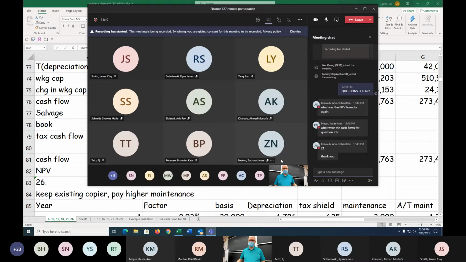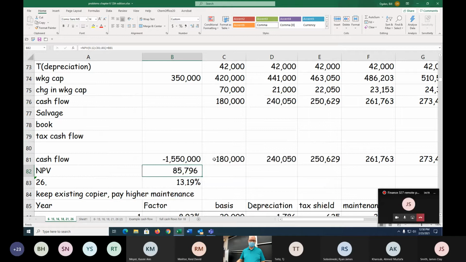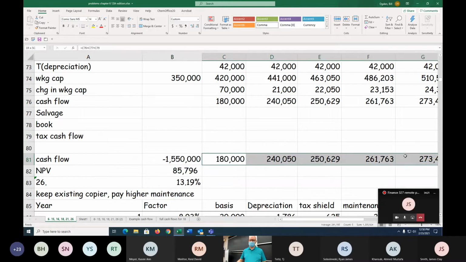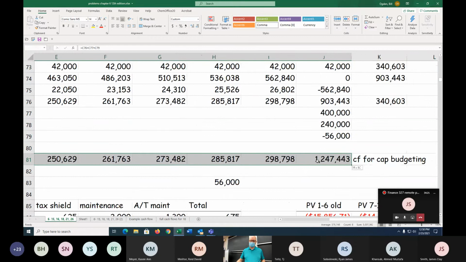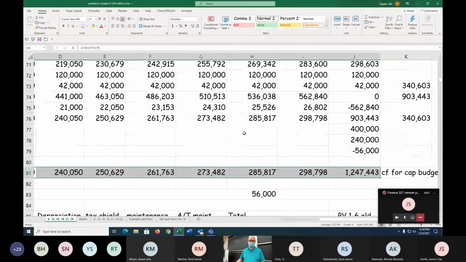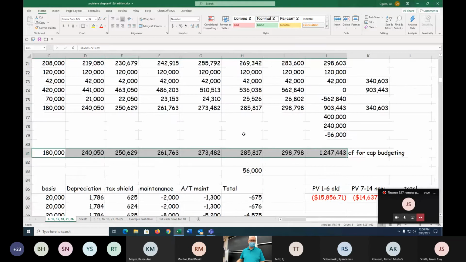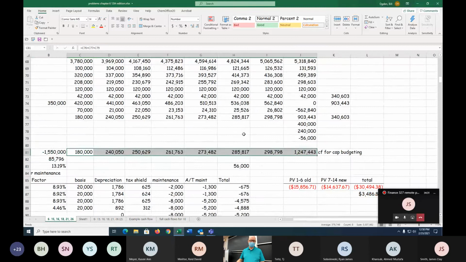All right. Okay, and what were the cash flows for question 21? That would be these. You know what I'm going to do? I'll see if I can do this. I should be able to. Up a little bit so you can see them all. I hope that's not too small.